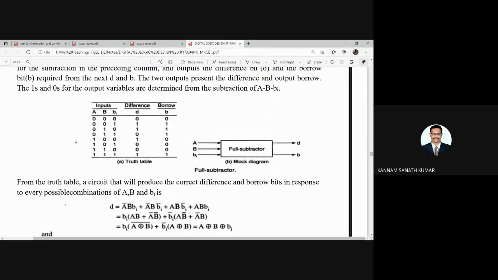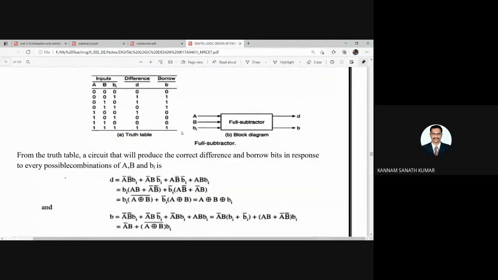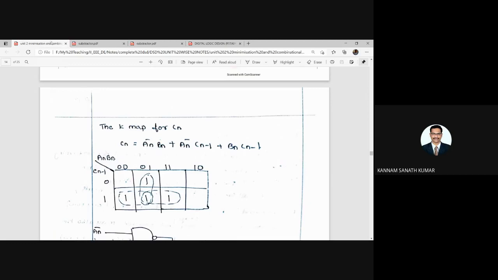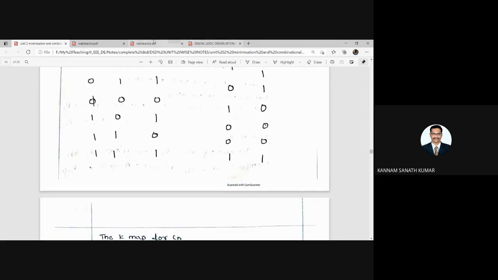Okay. So like this, you have to analyze the output difference and borrow. By observing the truth table, you can get the expression for difference and borrow. So there are two methods. You can apply Boolean algebra for minimizing the given expression, or you can apply the K-map. You can apply the K-map separately for the difference as well as the borrow.